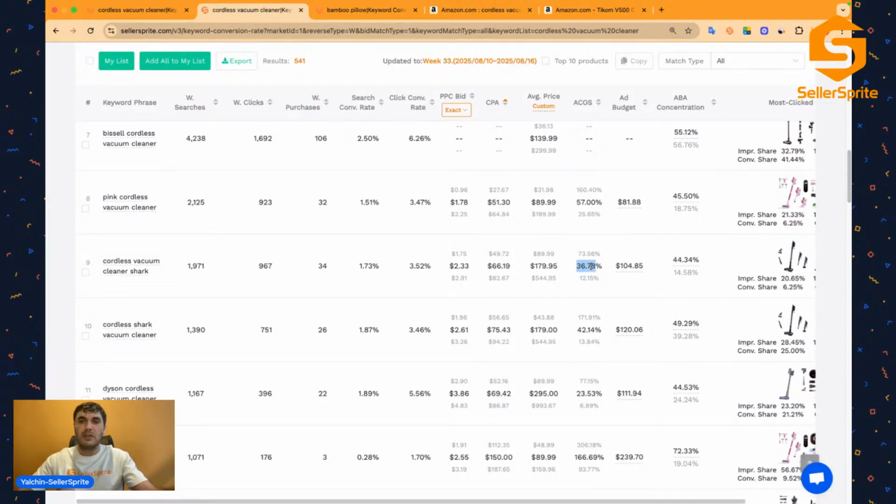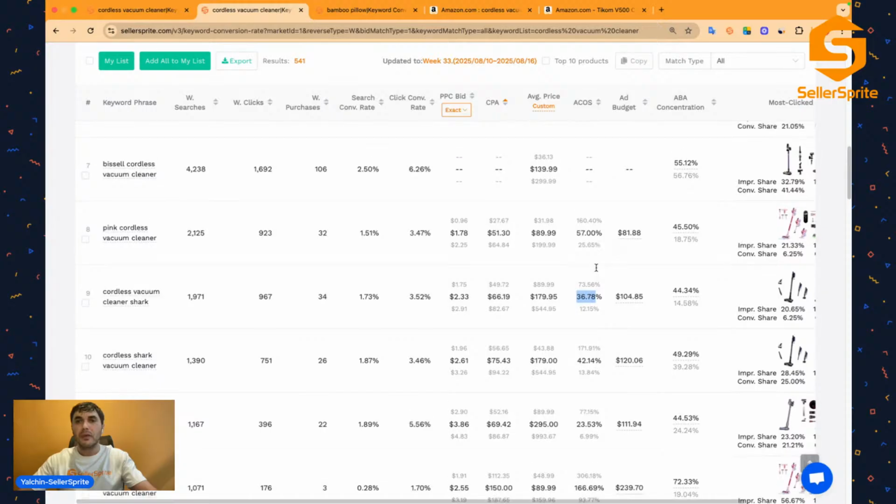So it has an indirect important role. But if you want to be profitable for this kind of keyword, you should have at least a 36% threshold ACOS to get profit from this exact match type for this keyword.